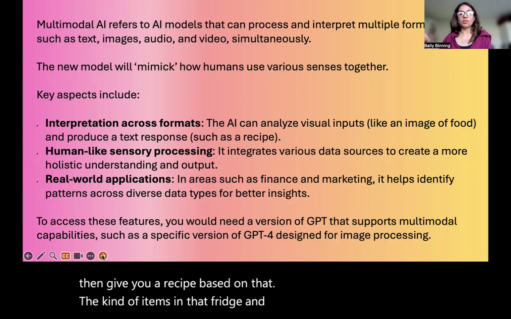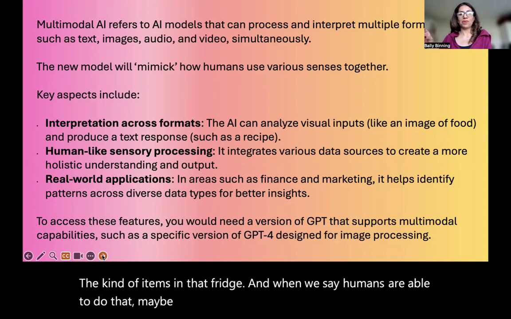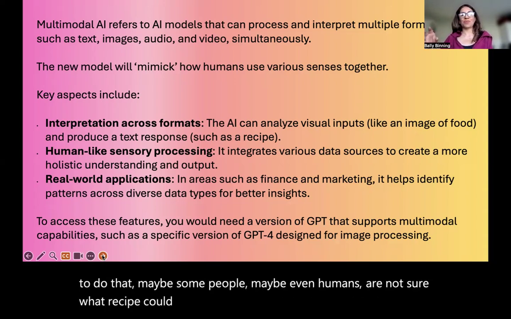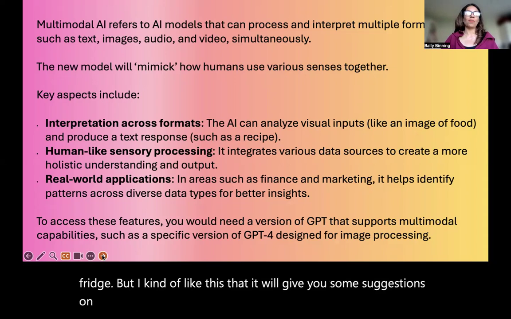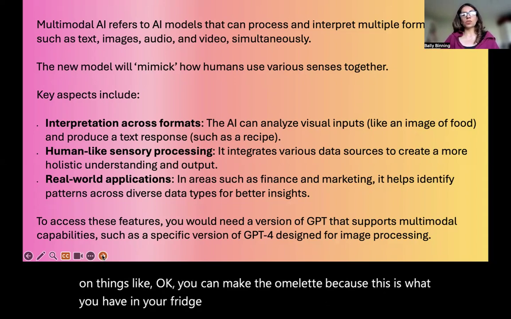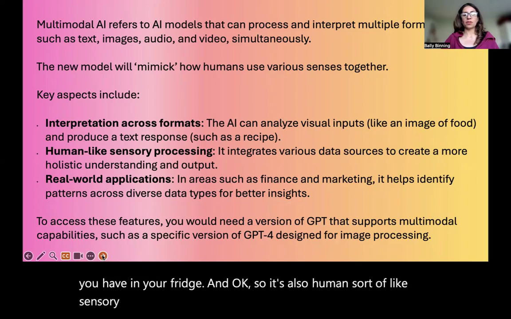And maybe even some humans are not sure what recipe could be made from some of the products in the fridge. But I like that it will give you suggestions, like okay, you can make an omelette because this is what you have in your fridge. It's also like human sensory processing, looking at data and giving a more holistic output.